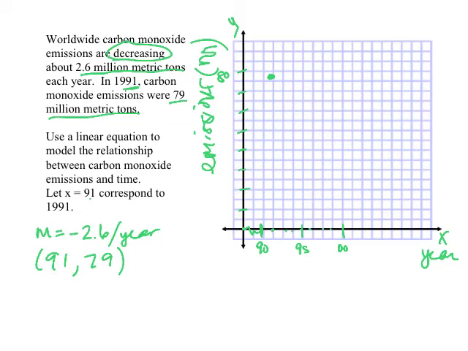All right, we can plot this again in a minute. Or we could also say, 2.6 times 10 and find out kind of where this point would be. But let's use point slope form to write the equation of our line. So we have a point and we have slope. So y minus 79 equals slope times x minus 91.